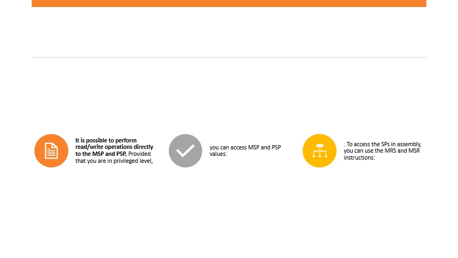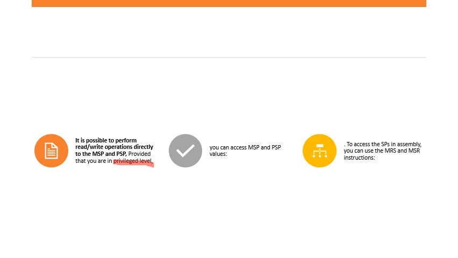Now there are a few more things. It is also possible to perform read and write operations directly on the main stack pointer and process stack pointer, provided you are in privileged mode. Privileged mode is very important here. Under privileged mode you can even access the MSP and PSP values.